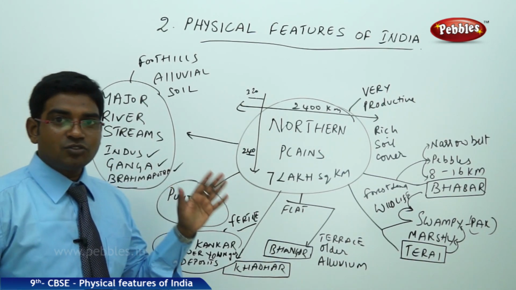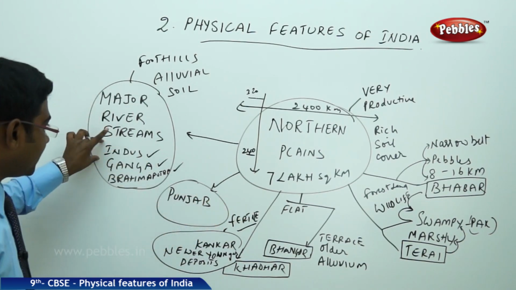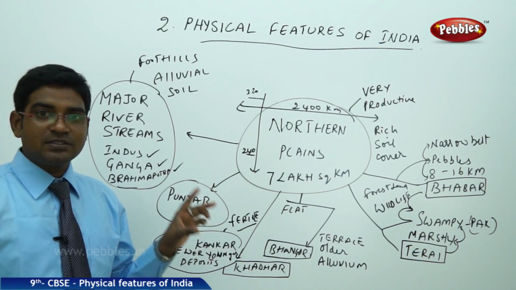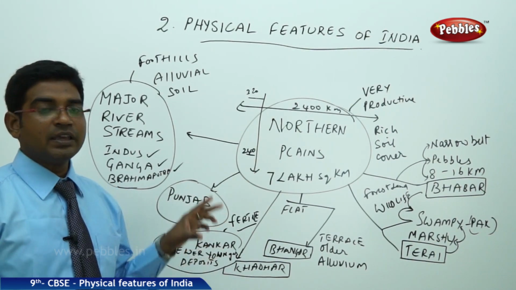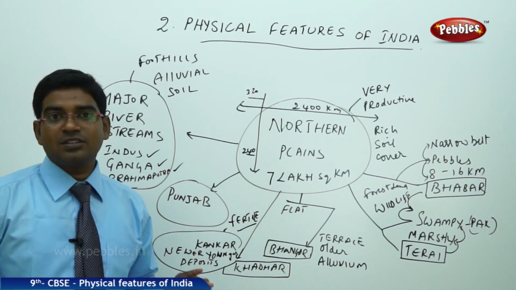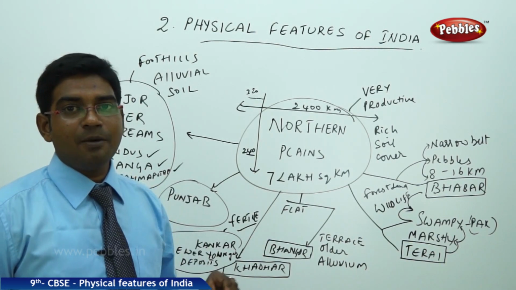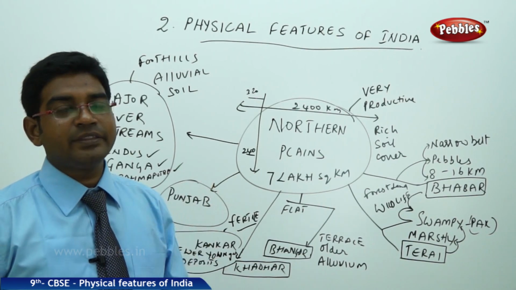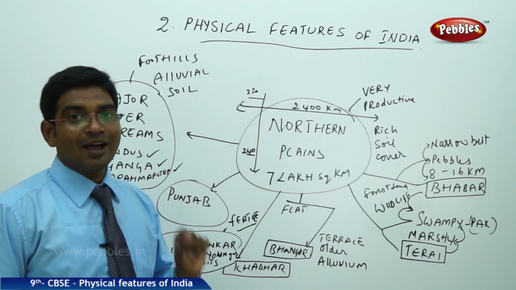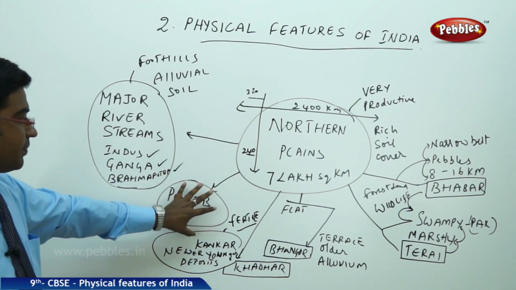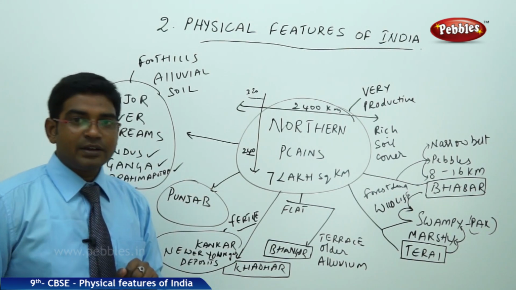Indus has 5 major tributaries in the state of Punjab. That is the reason why it is known as Punjab. In Hindi, Panch means five, and Ab means the rivers joining together. The Punjab region is the most fertile region.